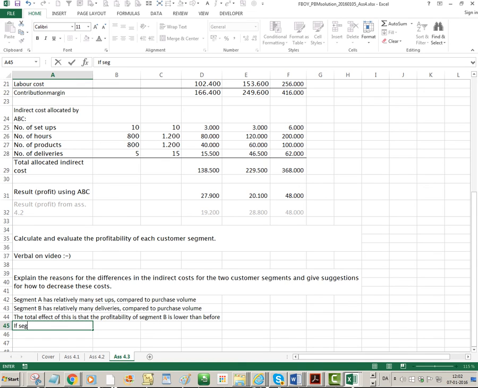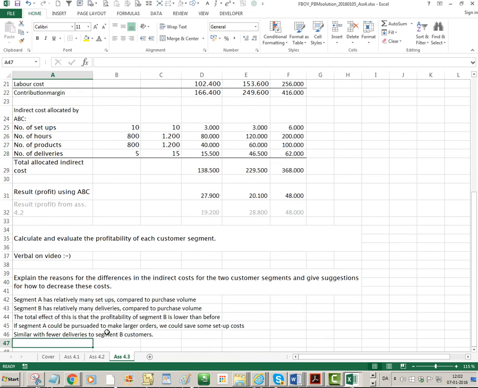If segment A could be persuaded to make larger orders, we could save some setup costs, and similarly with fewer deliveries to segment B customers. So that's a little bit of a short version, but you can make it more elaborate than this.